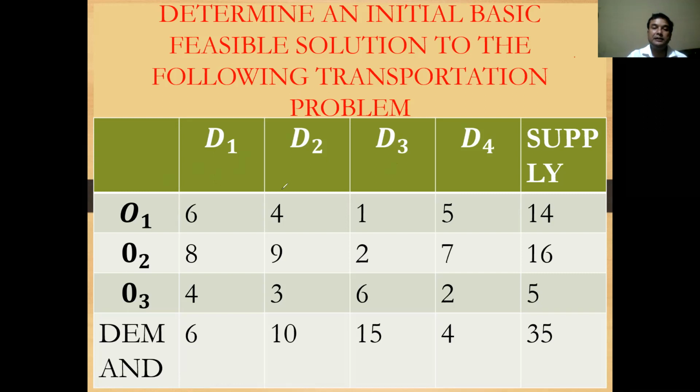This is the question. We have destinations D1, D2, D3, D4, and this is the supply available in different origins, and these are the demands of destination 1, destination 2, destination 3, destination 4.